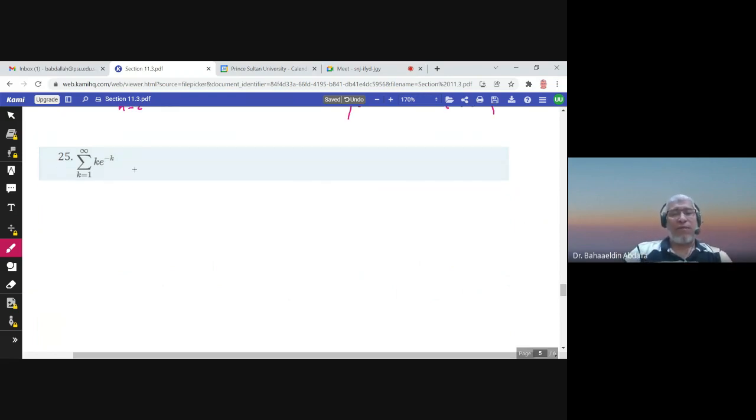Well, let me consider the function x over e to the power x. This is k e to the power negative k. This function is positive and continuous on the interval from 1 to infinity here. k starts from 1.